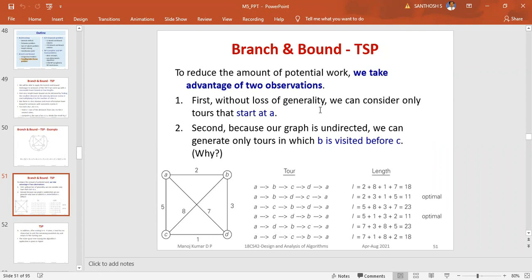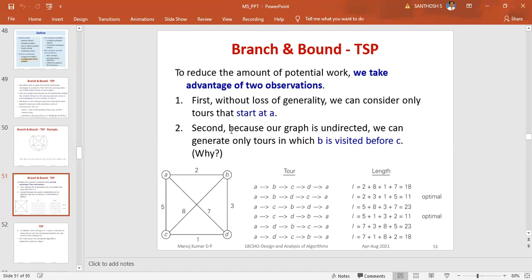First, we consider only the tours that start at A and end at A. As you all know, in the traveling salesman problem you start at the same location and finish at the same location, but visit all the other nodes. So that's why we consider the tours that start at A.